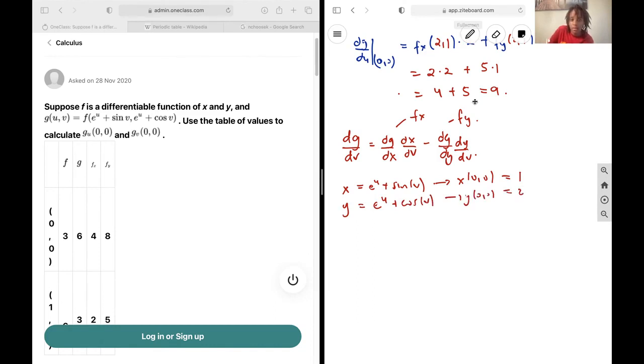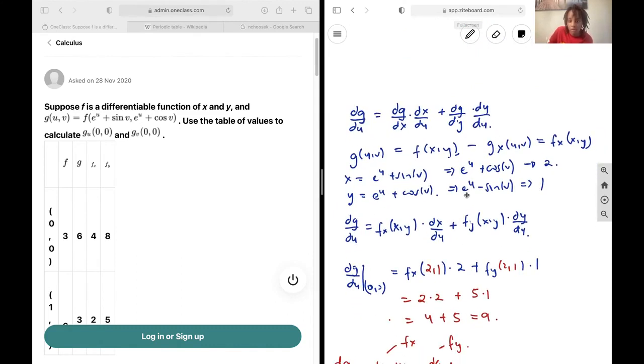And I think the same mistake occurred above. Sorry, so this should be f at (1, 2), because I'm not putting in the derivative of x at (0, 0), I'm putting in x at (0, 0).